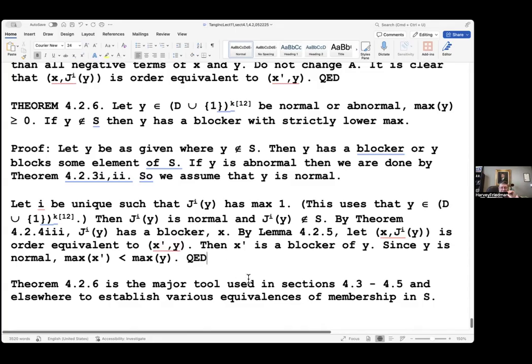Okay? Yeah. So this theorem here is a major tool used in these sections and elsewhere to establish various equivalences of membership in S. I used to say C section 4.6 all the time. I used to say that. Now we don't have to.